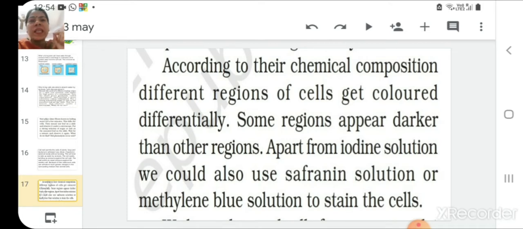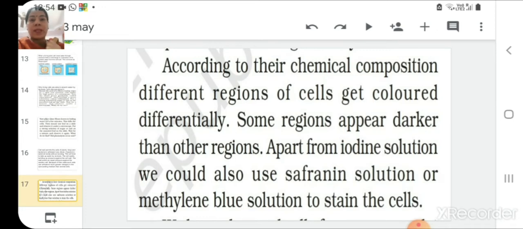Staining is a very important technique which makes your observation of any sample very easy. Children, when something is colored, you observe that thing very easily. The visualization becomes very easy when something is colorful. In biology, we have different types of chemicals which have different colors and which impart a color to a specific part of a cell.